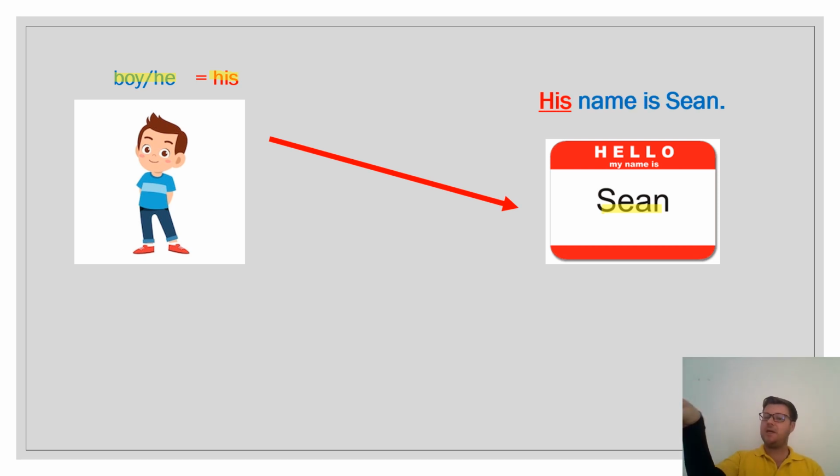His name is Sean. Can you read this with me? 1, 2, 3. His name is Sean.